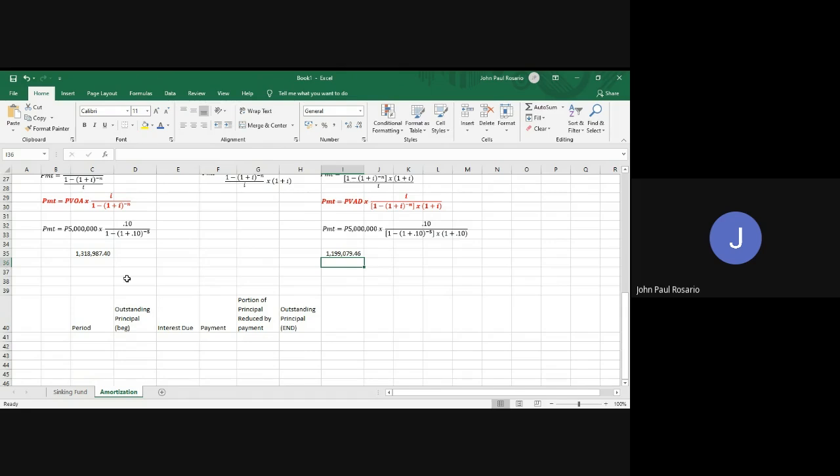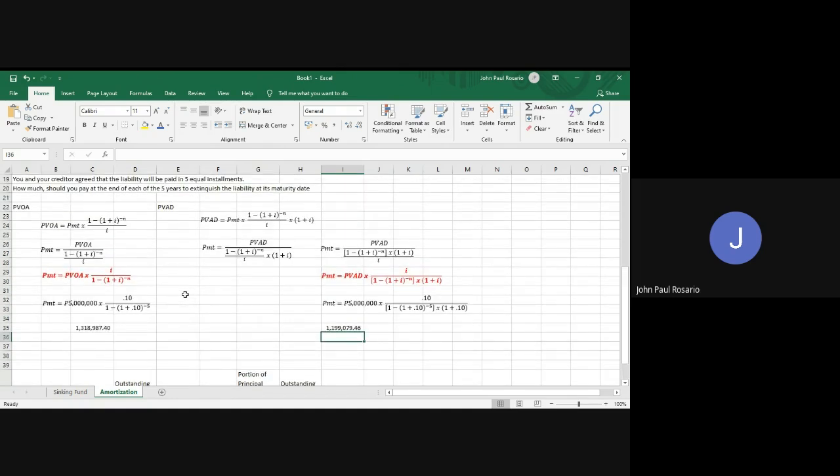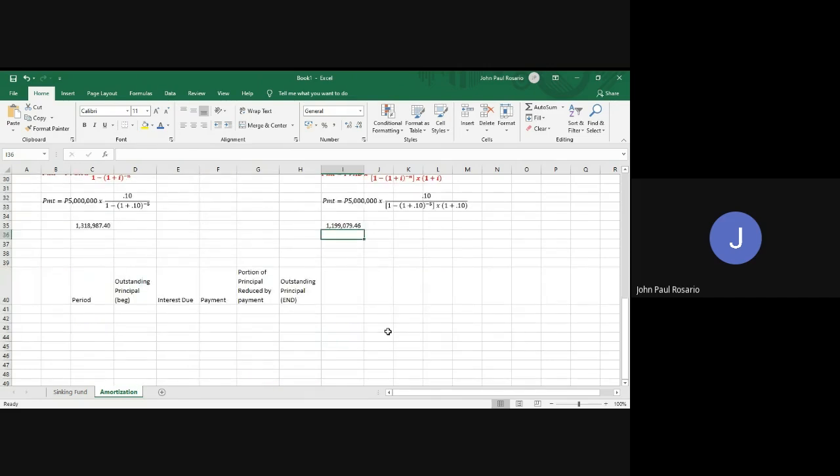Now from this amount that we have gotten through our formula, let us check if the amounts are correct by building an amortization schedule. Let's start with PVOA. Periods is 5 years: 1, 2, 3, 4, and 5.